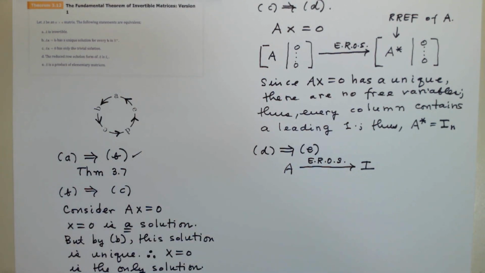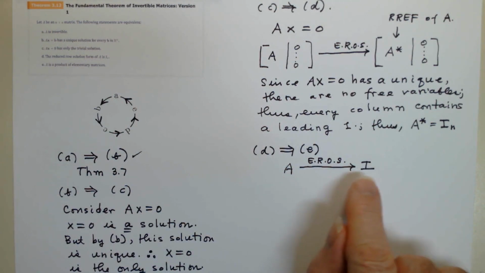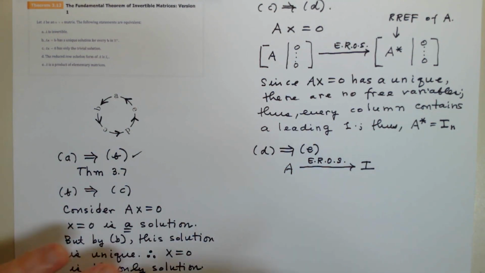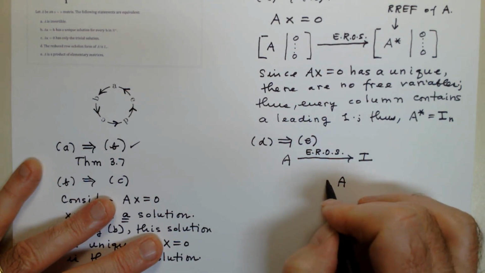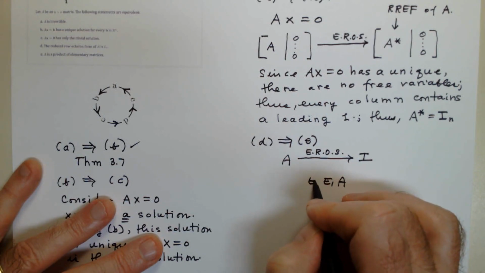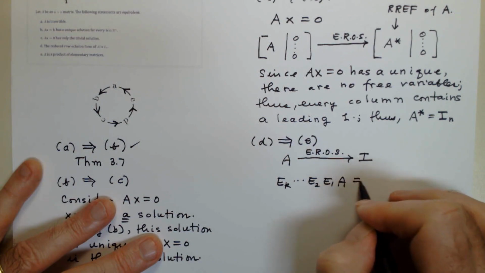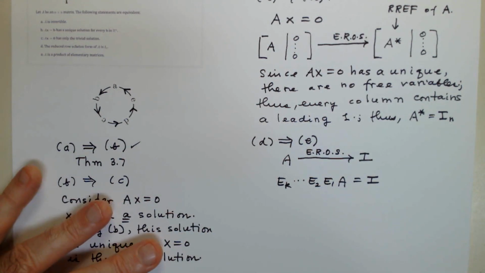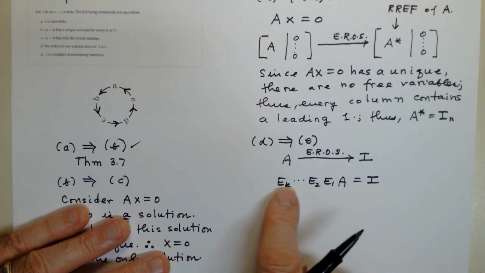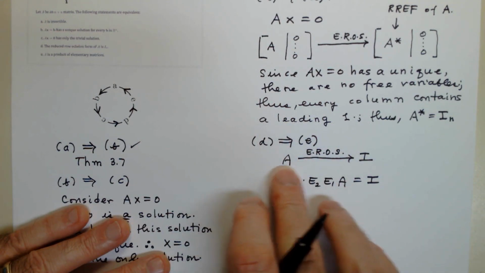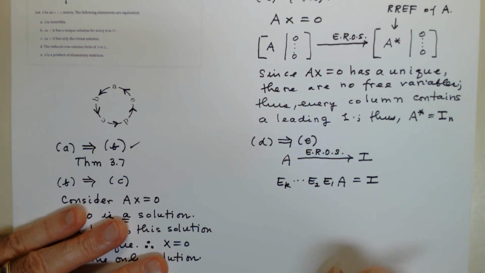Now, I showed you in that previous problem that anytime we can take our matrix and transform it into the identity matrix through a sequence of elementary row operations, that's equivalent to saying that I can take A and multiply it by a sequence of elementary matrices that takes it to the identity matrix, right? I can transform each of the row steps into an equivalent elementary matrix, and I can get the same effect by left multiplication by a sequence of elementary matrices.